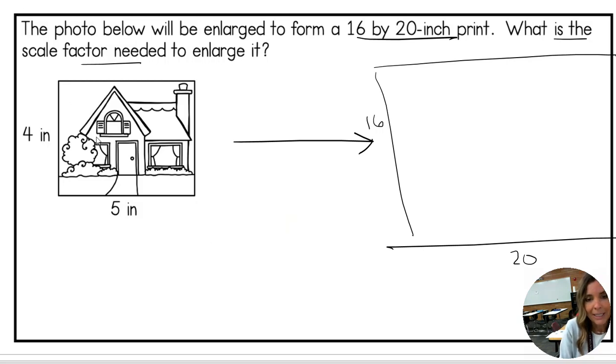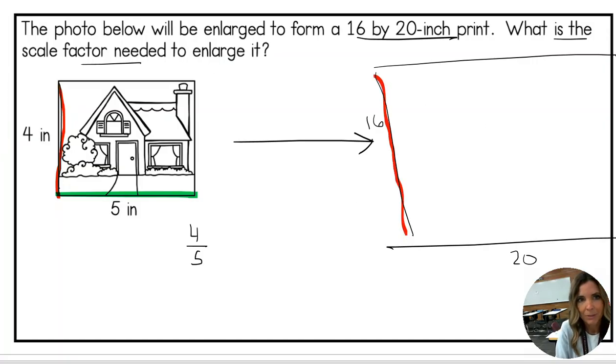So let's take our height right here, right? Our height is 4, and then our base is 5. So let's do height over base for our ratio. Height over base, which means that we are going to do height, which is 16, over our base, which is 20.